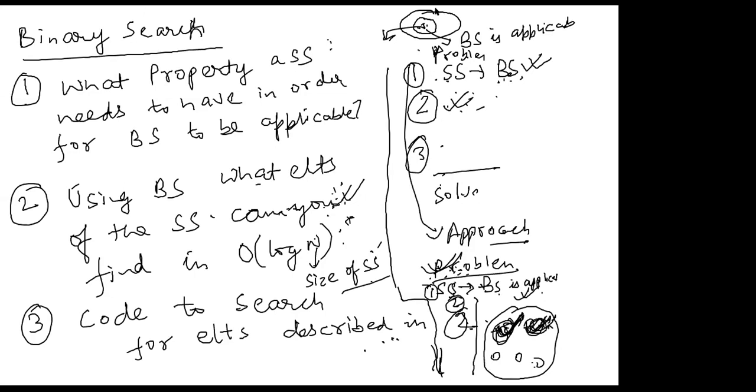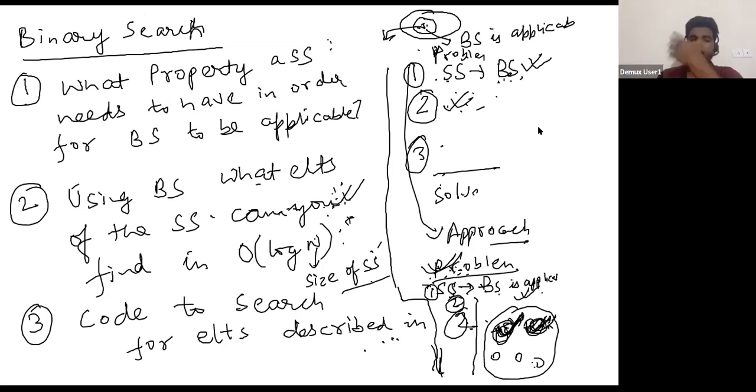Yes, sir. Sir, what if the element which we choose, an element in the search space that solves the problem, cannot be searched in log n time? Yeah, then this is not the scope. I mean, binary search is not really the way to go forward with it, right?